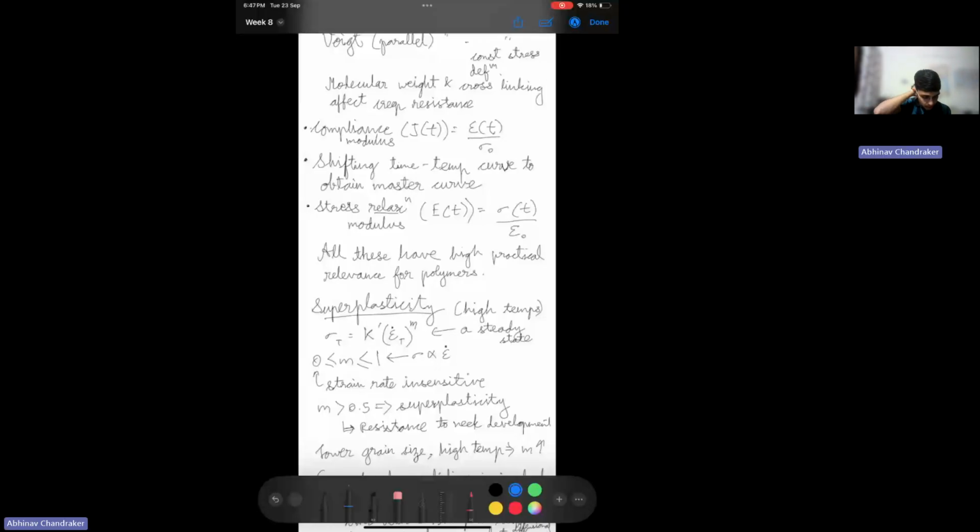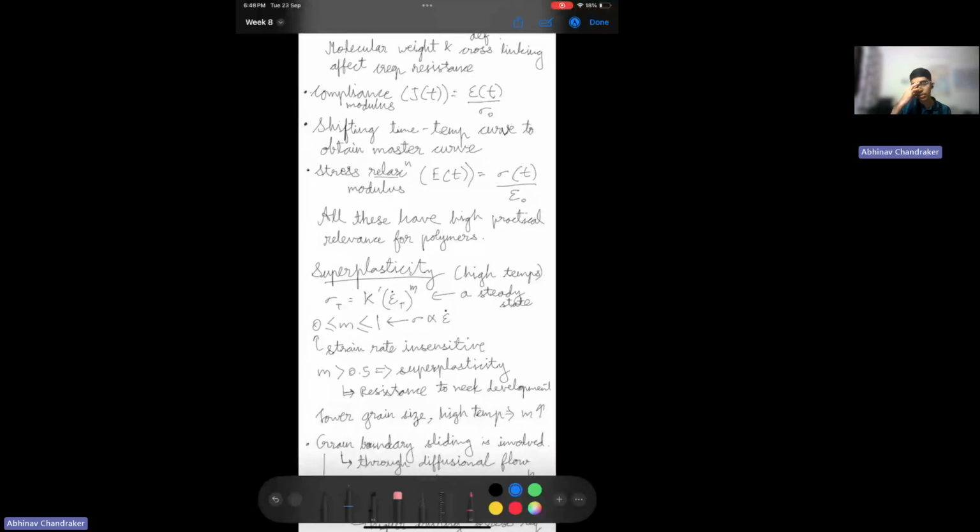So basically you can get the creep curves at different temperatures and stresses by using just some portions of a known curve, and it's called a master curve. This helps you reduce the number of experiments you require to get the properties of the material.